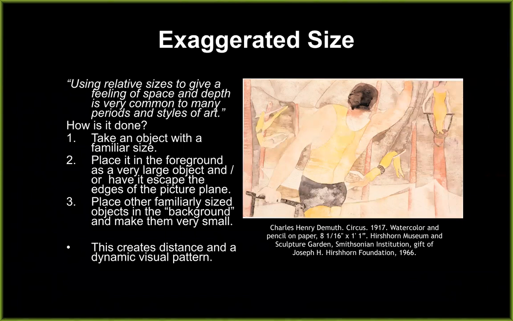And so the feeling is that this is very, very close. The other objects are quite small in comparison, and they read as being in the background and quite far away. So this gives you, without a lot of variation in color or even shapes, a lot of visual interest and a sense of some pattern inside your piece.